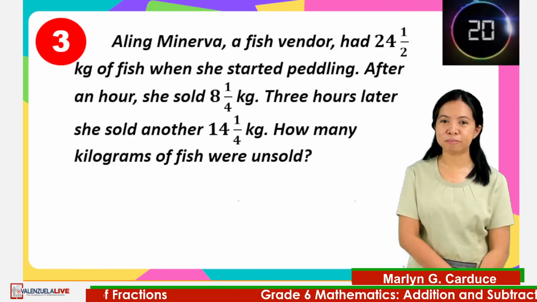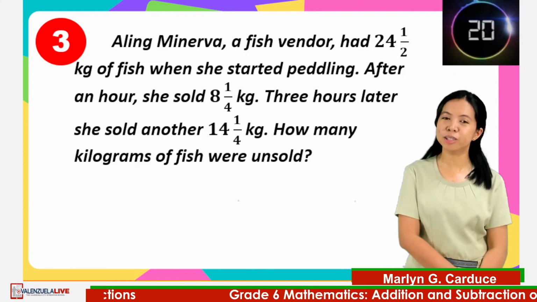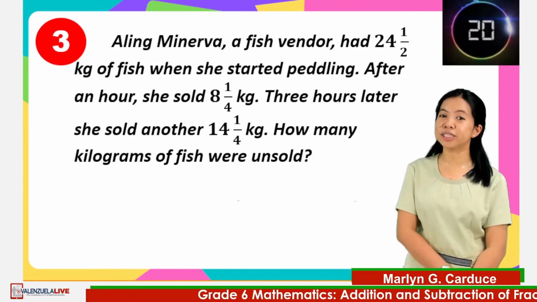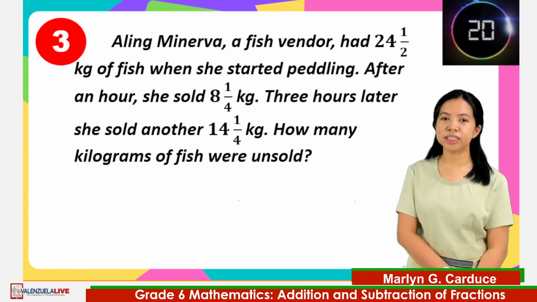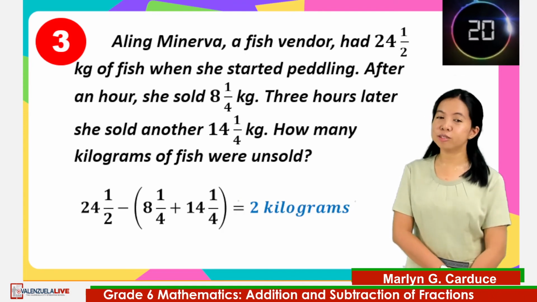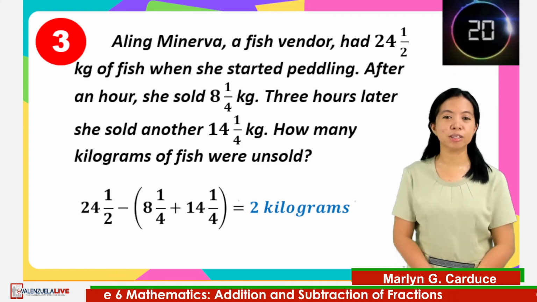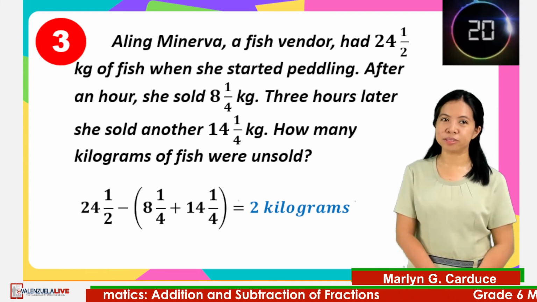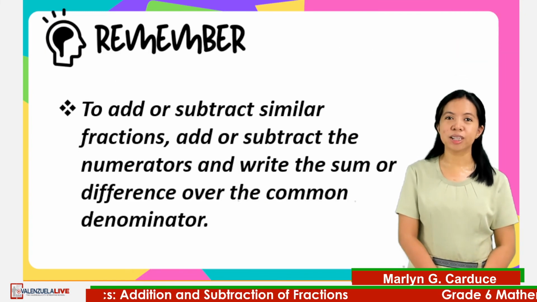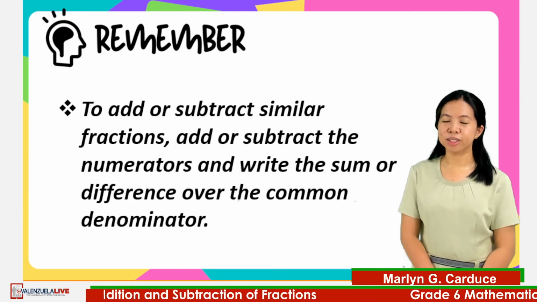Okay, for problem number 3, we are looking for the number of kilograms of fish that were unsold. So to solve this, we will add all the fish sold and subtract it from the original kilograms of fish, and we come up with 2 kilograms. So there you have it.